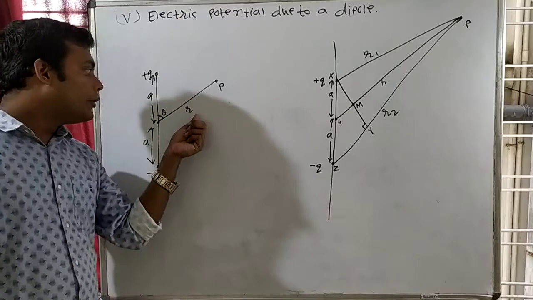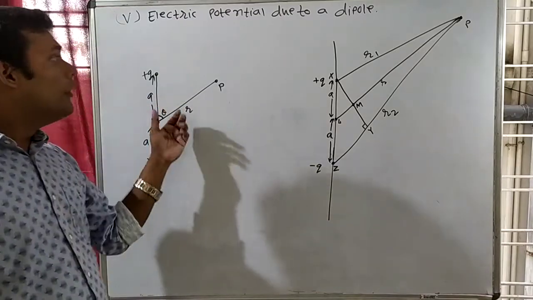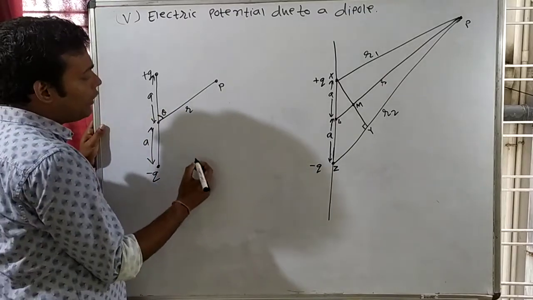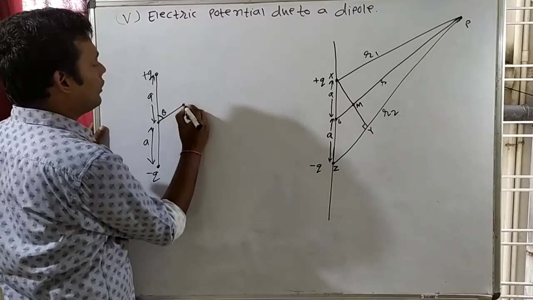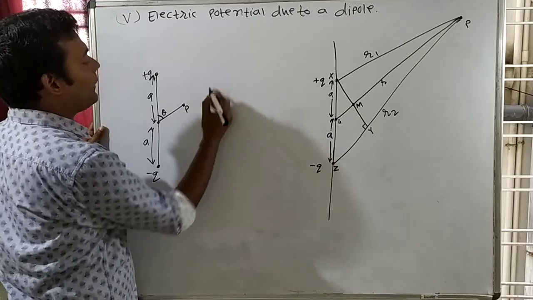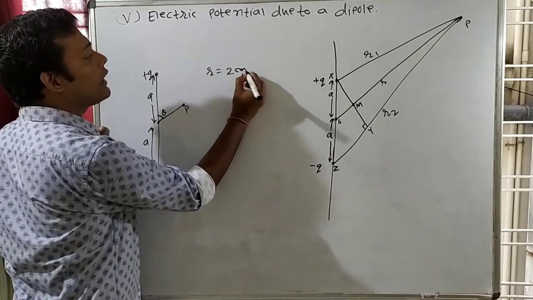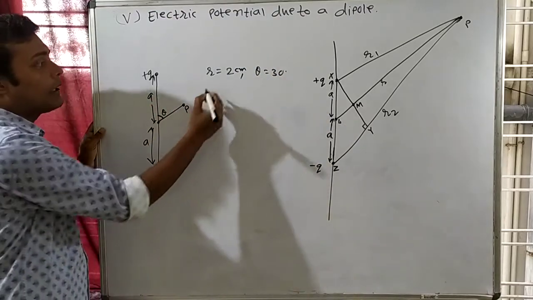So by noting r and theta, if we change r and theta, we can find any point. For example, r can be 2 centimeter and theta can be 30 degree, right? So this location will be different.